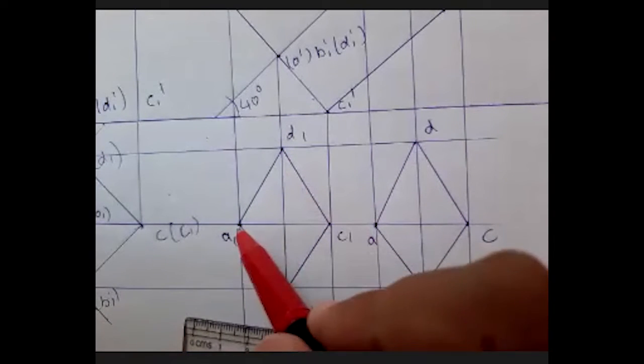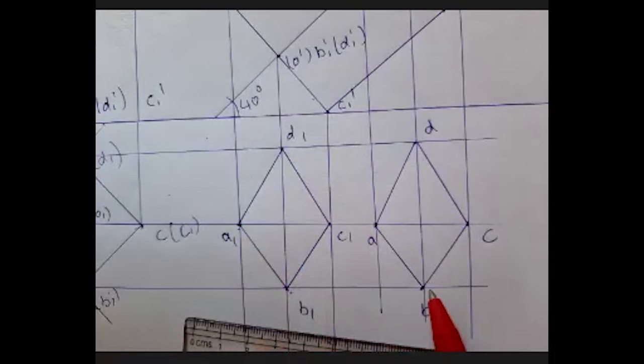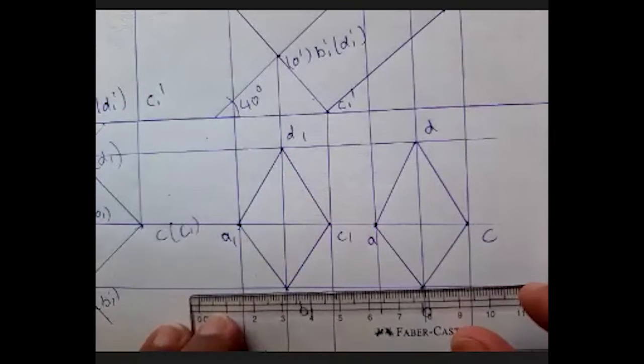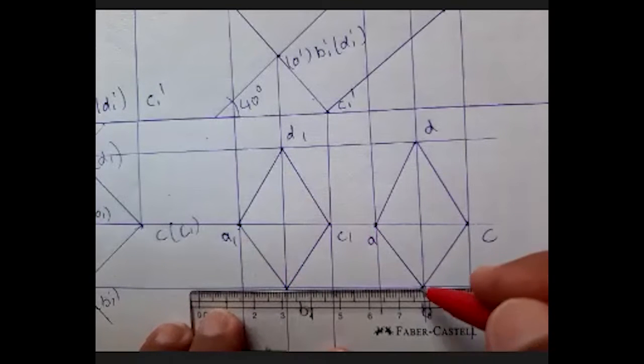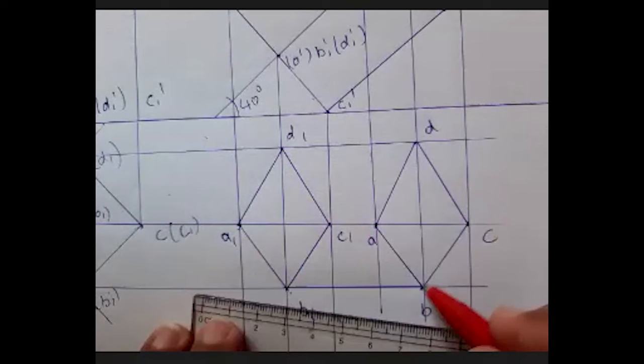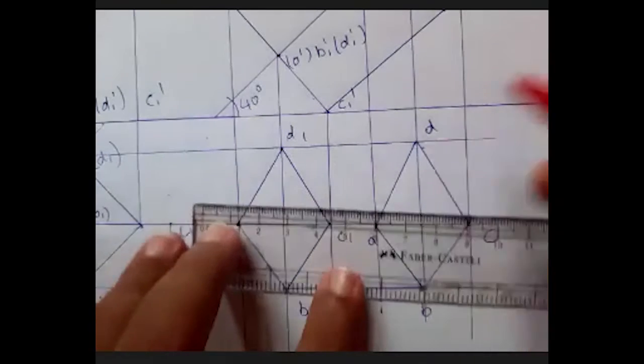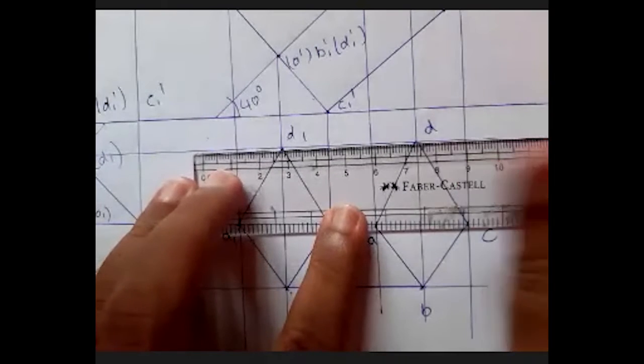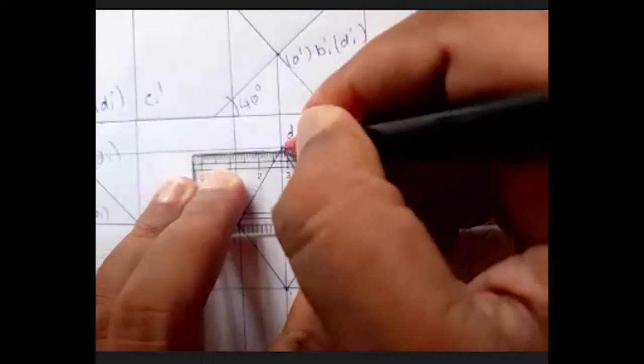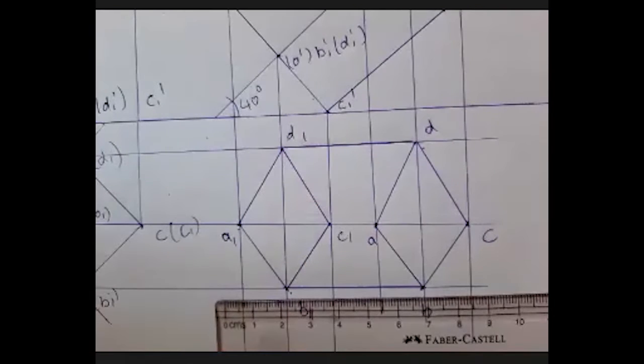So for me, B1 to B is the outside line. I join it, B to B1. Then B to C is an outside line, C to D is an outside line, D to D1 is also an outside line. I join it, then A to A1.